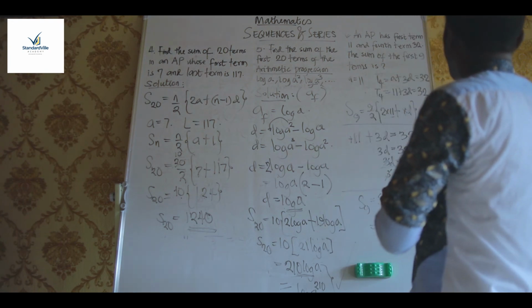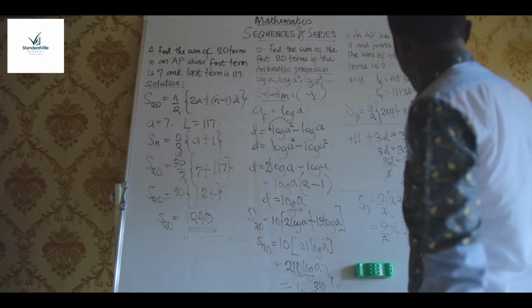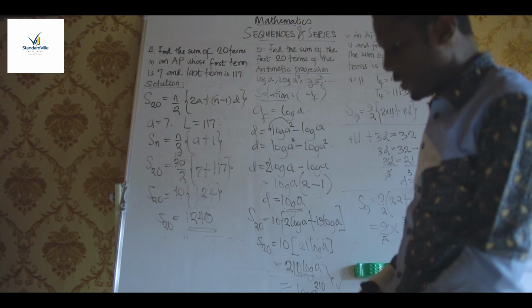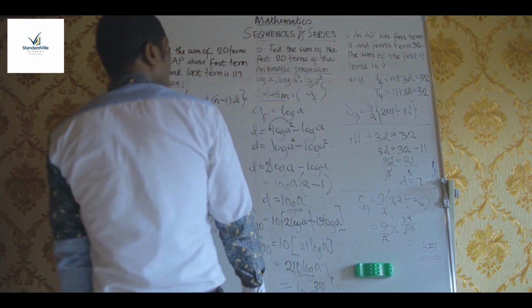So the sum of the first 9 terms is 351. That will be all about AP.